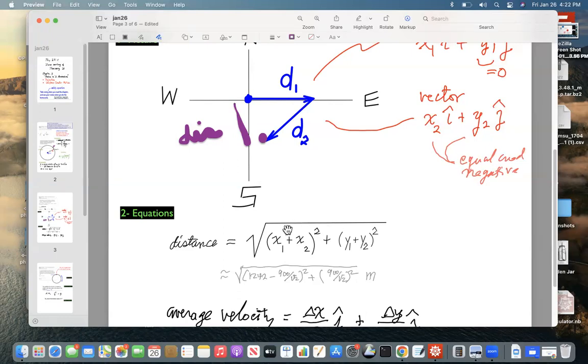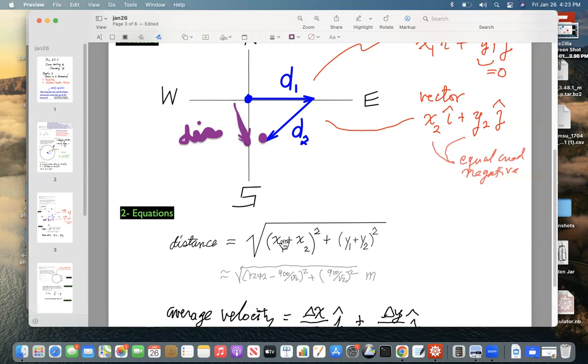And the length of that displacement by the Pythagorean theorem is the square root of the x component squared plus the y component squared. So this is the net displacement. You started here, you ended up here. That's the net displacement. It's x1 plus x2, y1 plus y2.